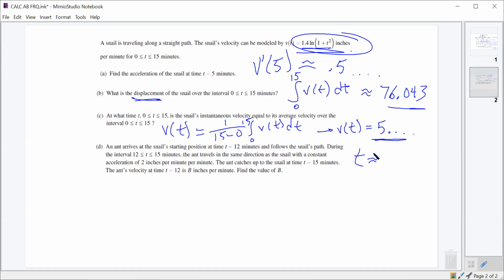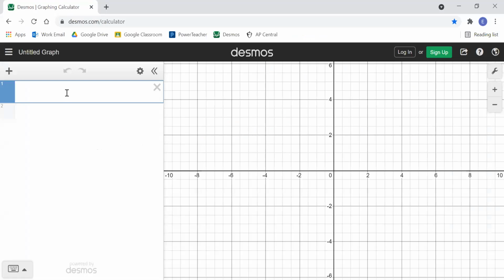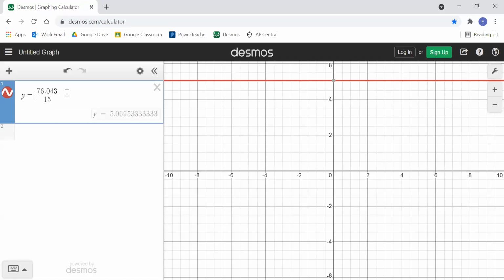And where did they intersect? What did you get? I didn't get this far. Okay. Well, then let's graph this. Let me open up Desmos. So 76.043 divided by 15, and we'll make that y equals.